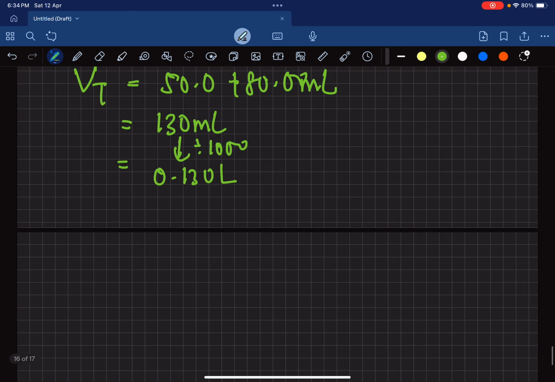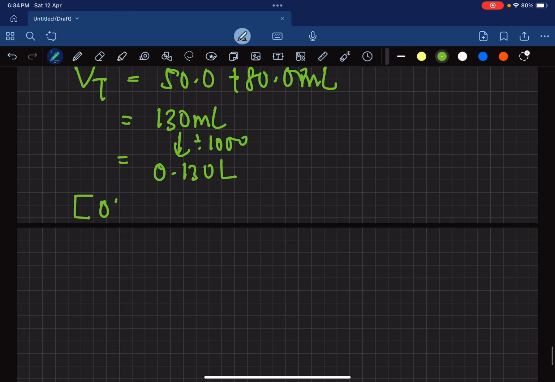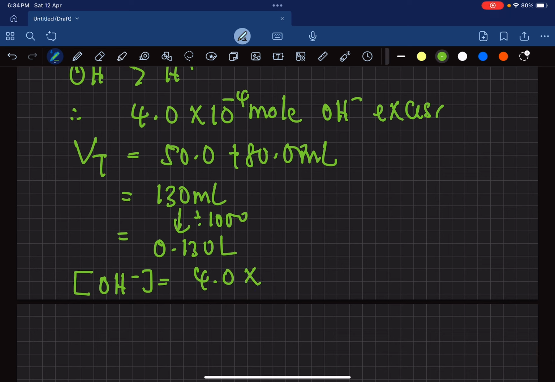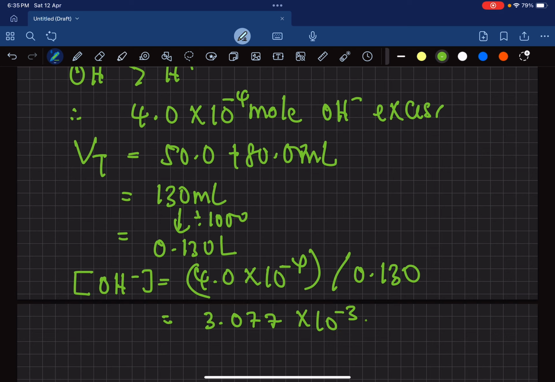Now I'm going to find the concentration of hydroxide, which is 4.0 times 10 to the power of negative 4 divided by 0.130, which is the volume. Wow, I get such a small number. It's 3.077 times 10 to the power of negative 3 molar.